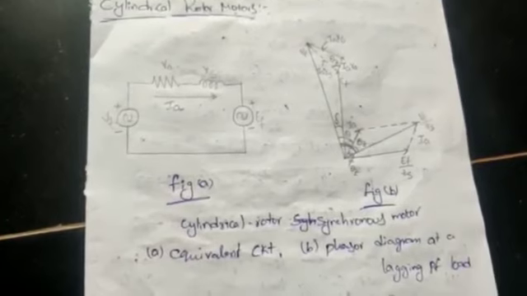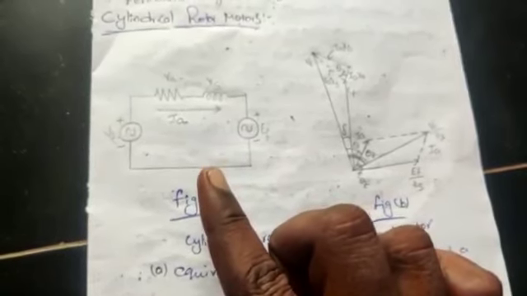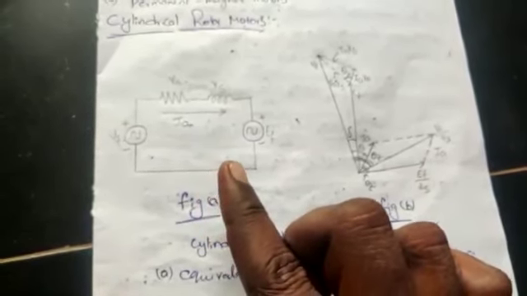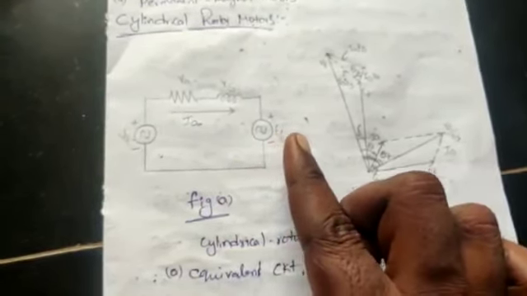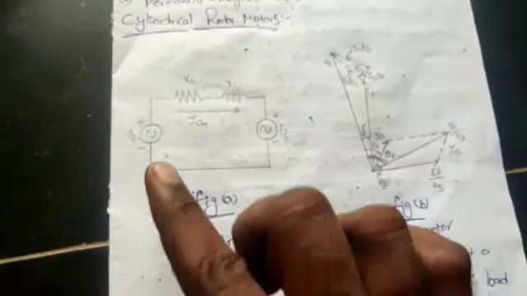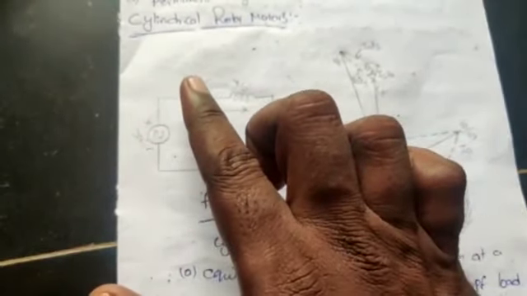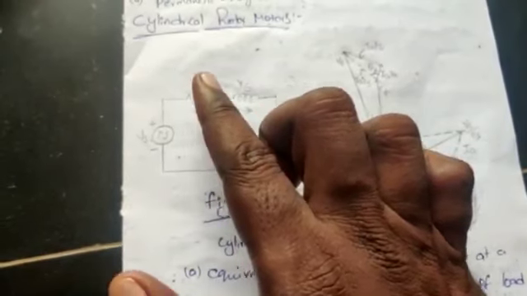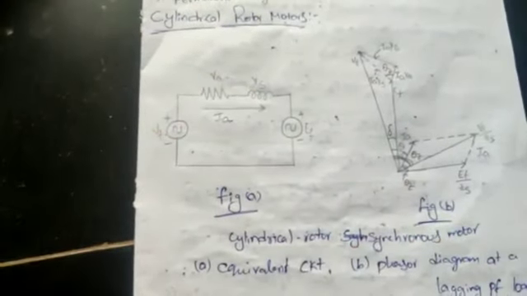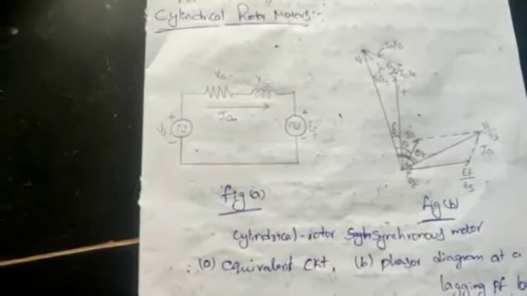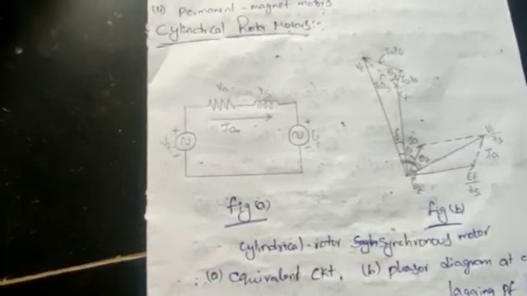The per phase equivalent circuit for a cylindrical rotor synchronous motor is given in figure A. In the circuit, Ef is the excitation voltage, Vt is the armature terminal voltage, Ra is the armature resistance, Xs is the synchronous reactance, then Zs is equal to square root of Ra square plus Xs square, which is the synchronous impedance.